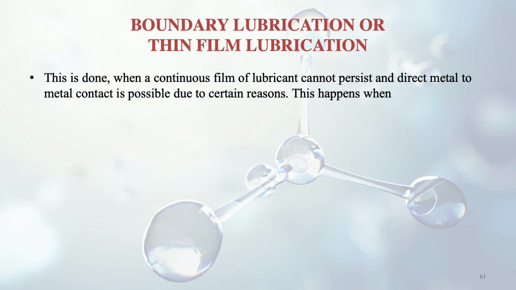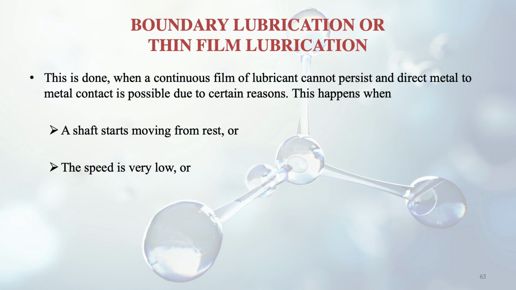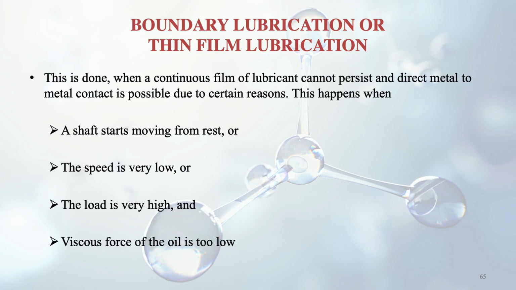So this happens when a shaft starts moving from rest, or if the speed is very low and the load is very high, then the two surfaces may come in contact with each other, or the viscous force of the oil is too low, because then the fluid will flow away from in between the two surfaces. So all these four conditions can lead to this kind of lubrication need.